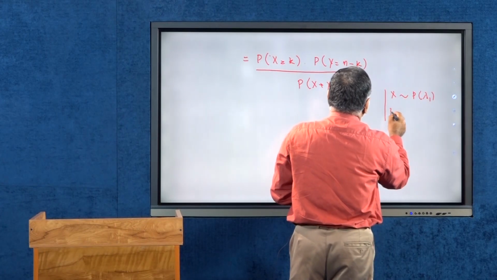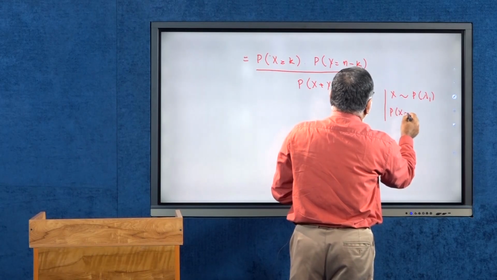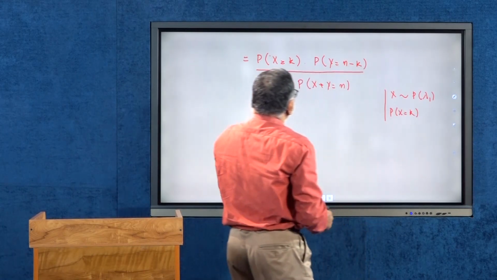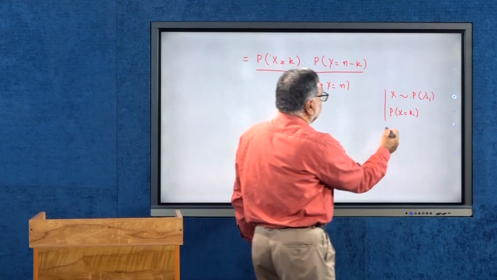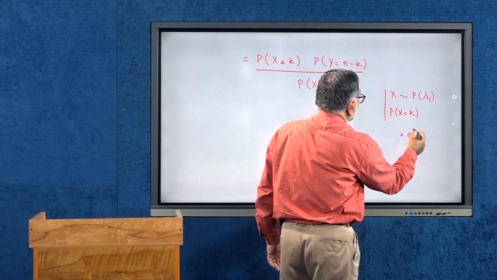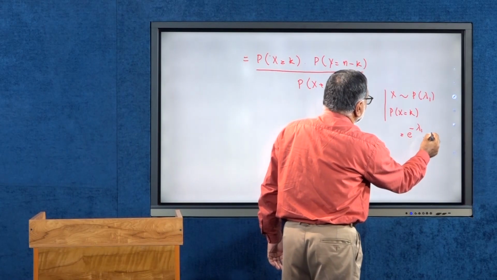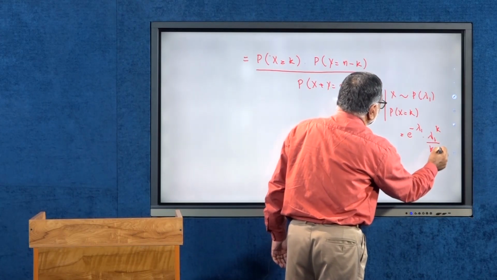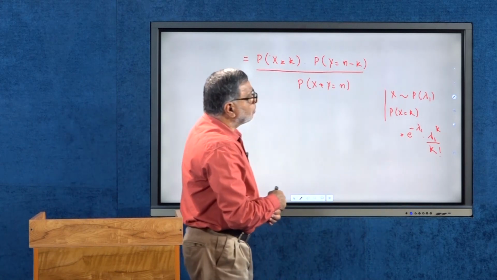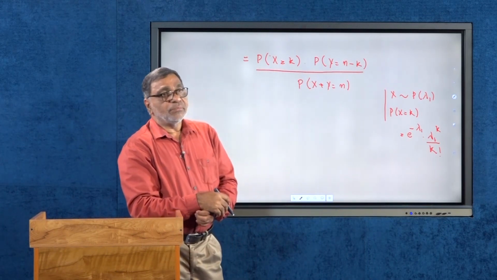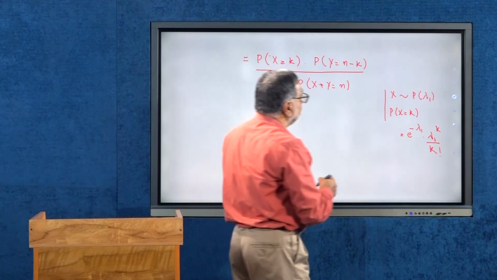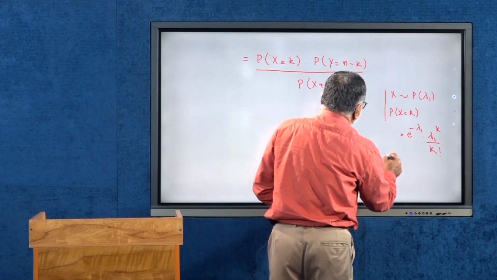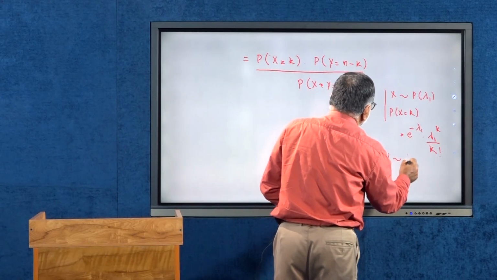So what is the probability of x equal to k? It is e power minus lambda 1 into lambda 1 power k divided by k factorial. That is the Poisson probability mass function. Similarly, y follows Poisson with lambda 2.